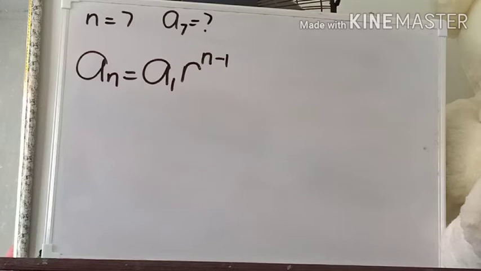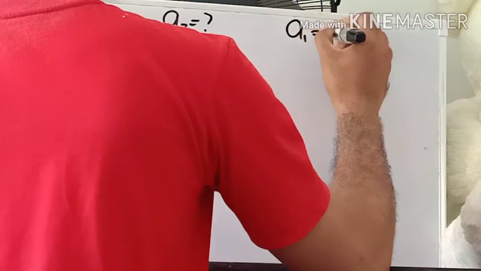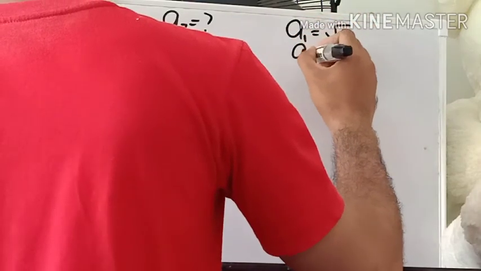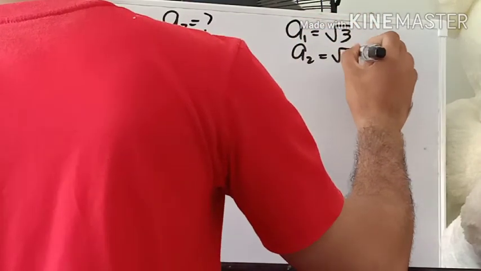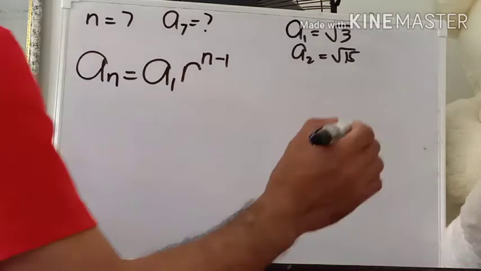We have the first two terms given, square root of 3 and square root of 15. So, a sub 1 is square root of 3, a sub 2 is square root of 15. And if you have two consecutive terms in a geometric sequence that are given, from them you can find the common ratio. So how to find the common ratio?